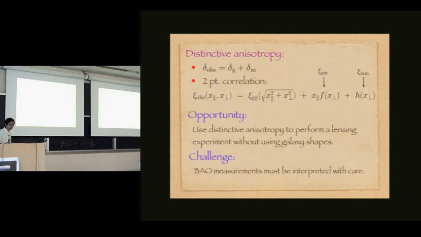So that's an interesting thing to do, just to make a connection to measurements that you might be more familiar with, such as the ones that Ryan Scranton and collaborators have done, when people look at angular clustering, for example, when you cross-correlate quasars at high redshift and galaxies at low redshift.